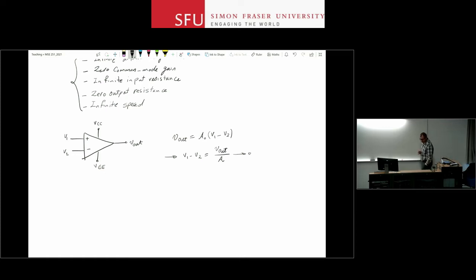With A naught going to infinity, the difference between V1 and V2 will be 0. What does that mean? It means that an ideal op-amp will do all it can, for as long as it stays in its linear region, to ensure that V1 and V2 are the same, right? V1 and V2 track each other.